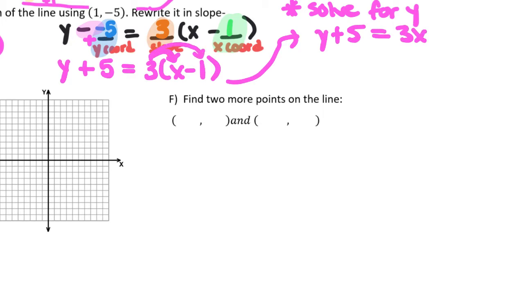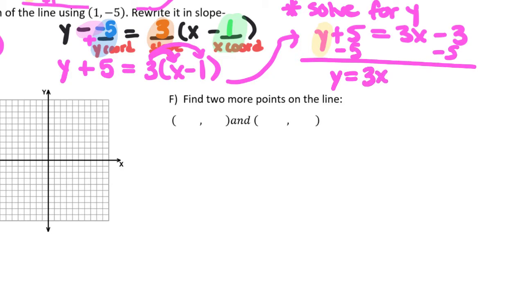And 3 times minus 1 is minus 3. And then lastly, to finish getting that y by itself, I have to remove the 5. So in order to do so, I would subtract 5 from both sides. So we get y equals 3x minus 8 as our equation.